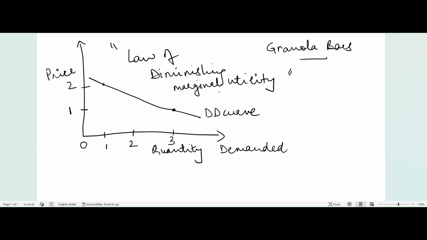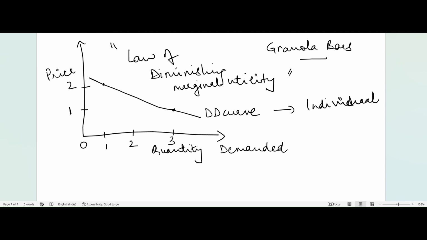Marginal is really important, right? Okay, law of diminishing marginal utility. Now, this is nothing but your individual demand curve, by one consumer for a good, right? So that's an individual demand curve.